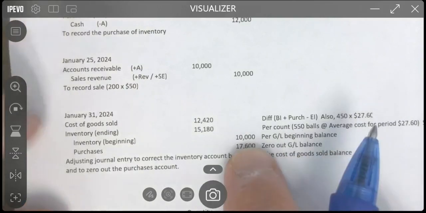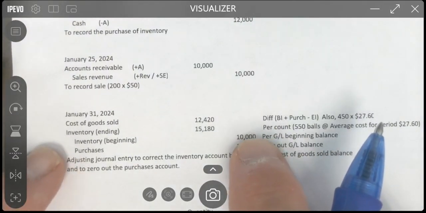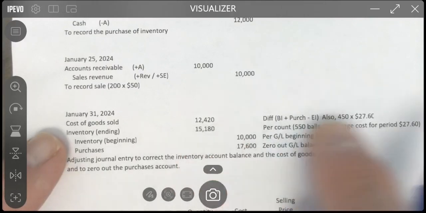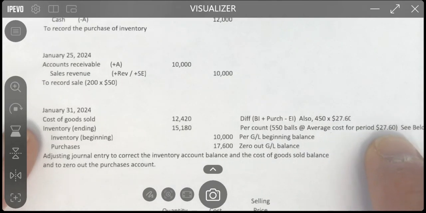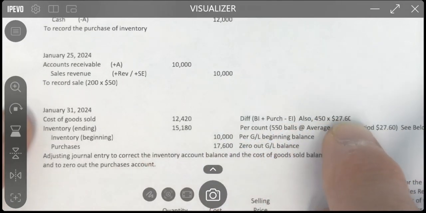We once again zero out the purchases, zero out the inventory via the credit, and then debit the inventory account for $550 at $27.60. And the cost of goods sold is $450 at the average cost of $27.60.